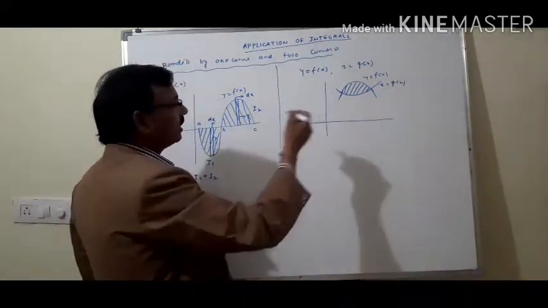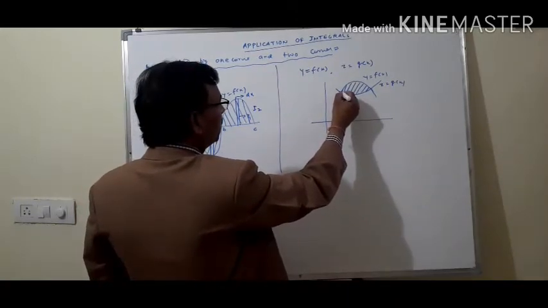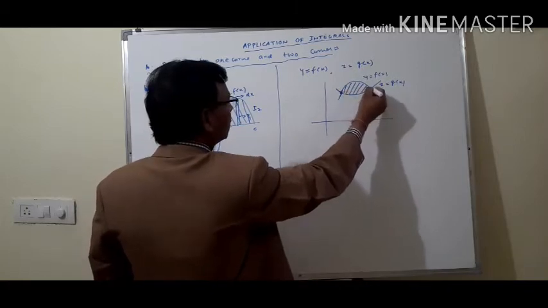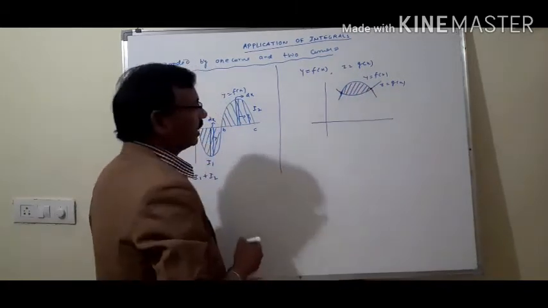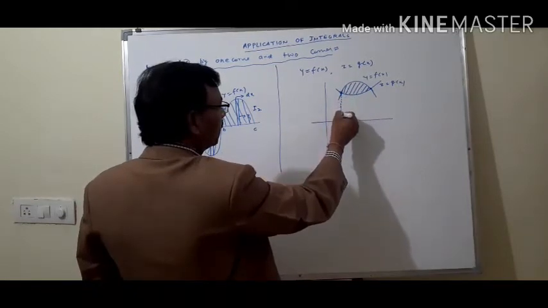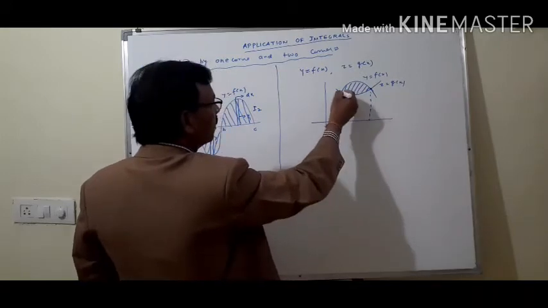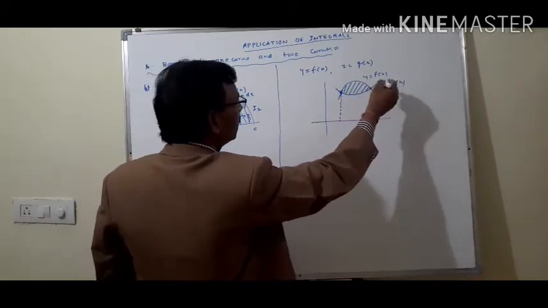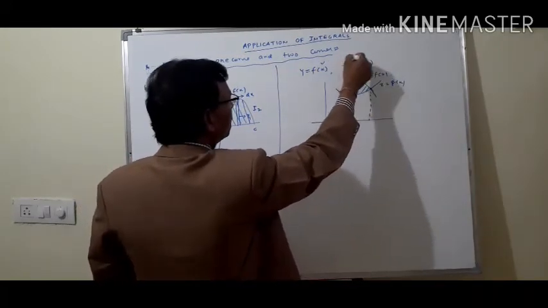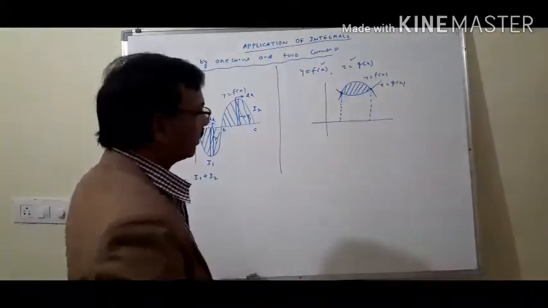Now in this situation, first we find the intersection points of this and this, that means the coordinates of both points. To get the points, we solve both functions, both curves, and find the values of x and y.